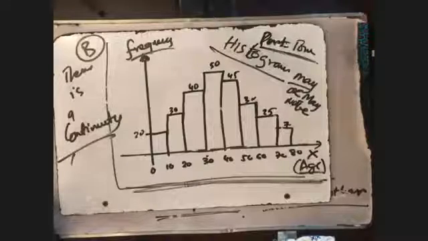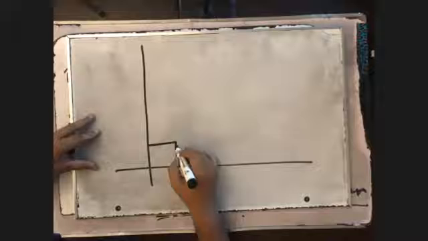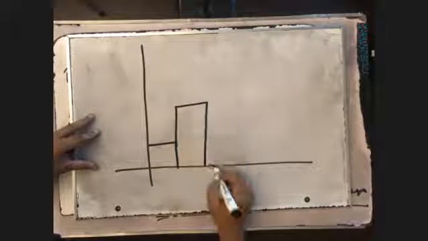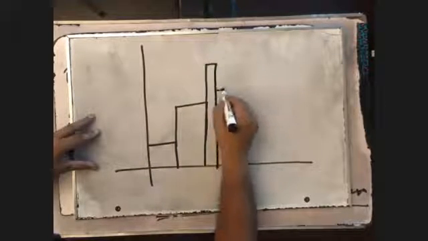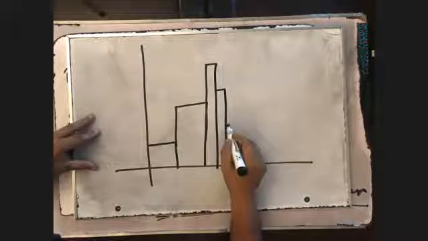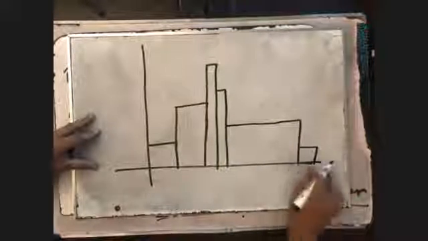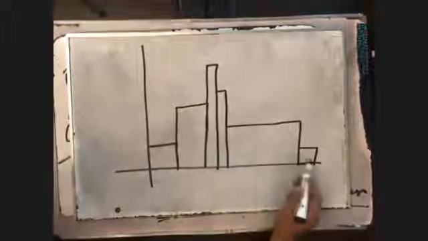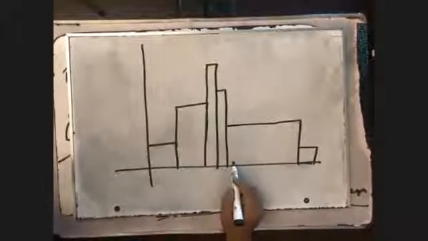Done. Part C of the lecture is another kind of a histogram, but its spacing is different. Here you have different spacing.